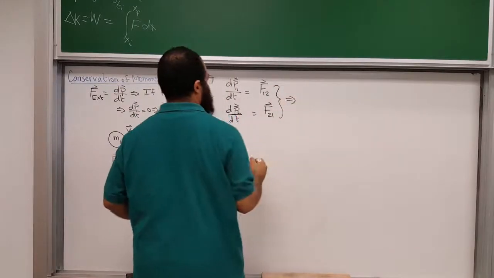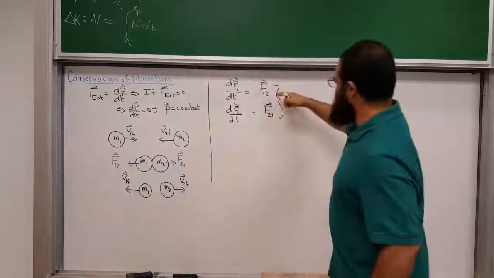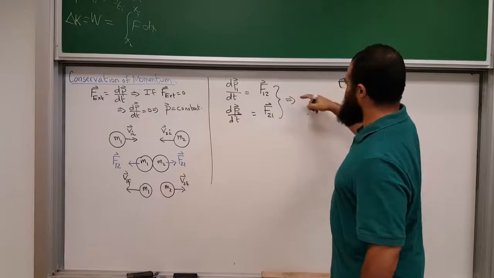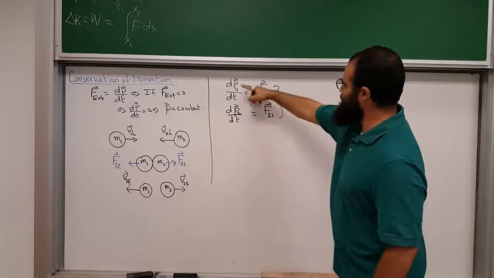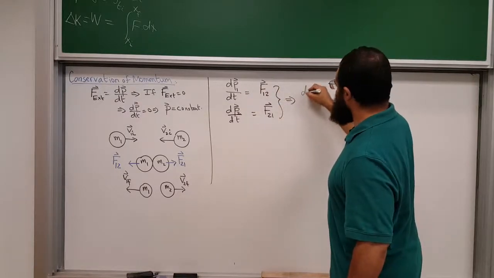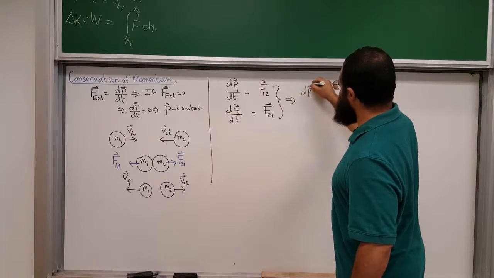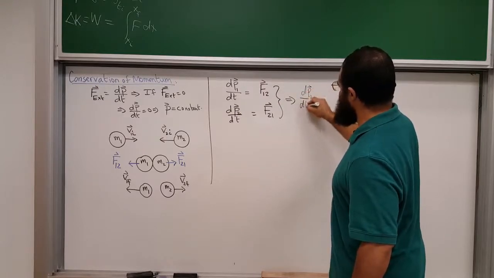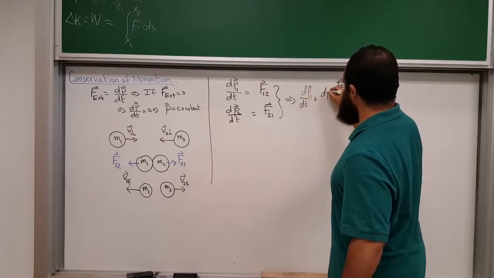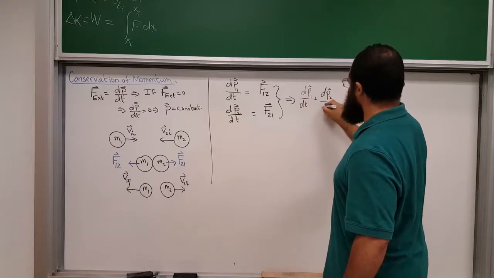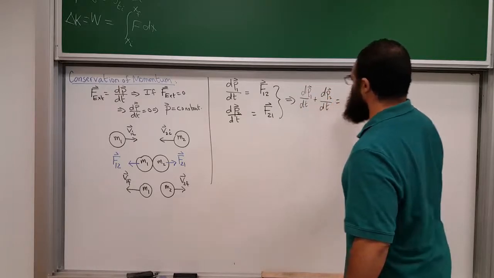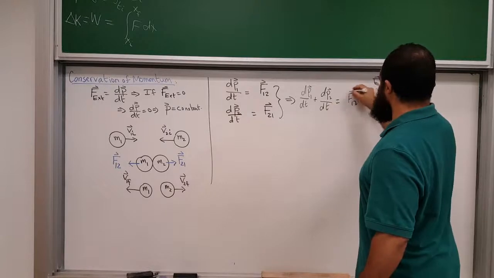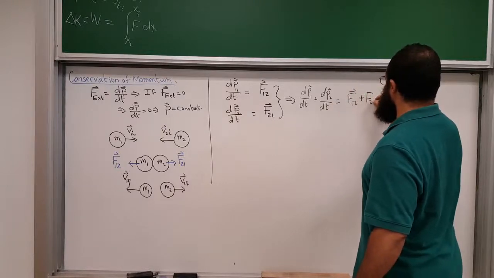What do we get? Let me add the left side first. I get dP1/dt plus dP2/dt is equal to F12 plus F21.